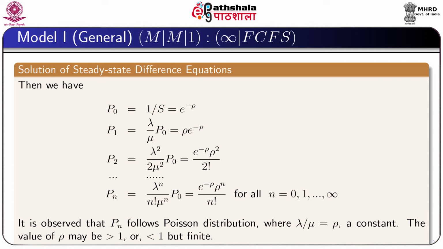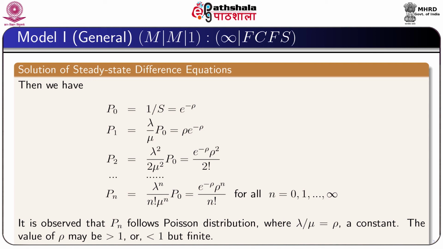Then we have p 0 equal to 1 by S, which is equal to e to the power minus rho. p 1 is equal to lambda by mu into p 0, which is equal to rho into e to the power minus rho, and similarly we can get p 2, p 3 and so on.